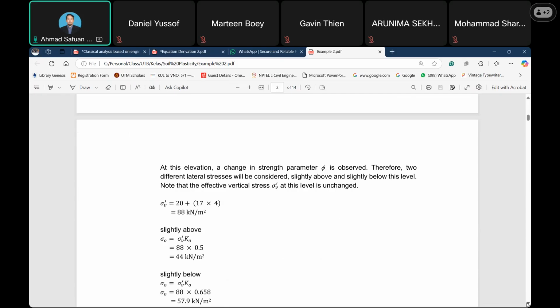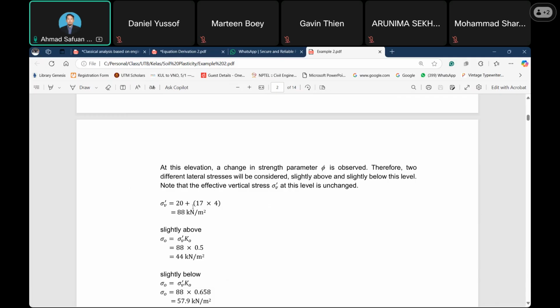Therefore, two different lateral stresses will be considered, slightly above and slightly below this level. Note that the effective vertical stress at this level is unchanged, so it means that we still can use the stress at 4 meter depth.